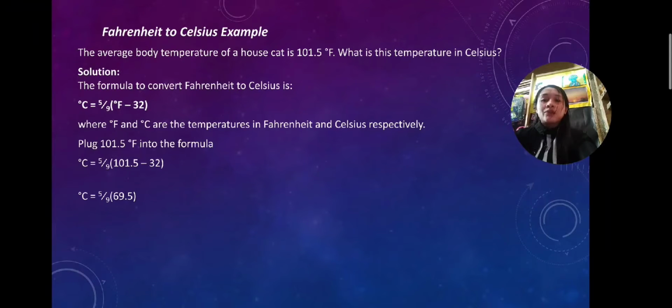We come up to degree Celsius equals 5/9 times 69.5. Once you multiply, 5 times 69.5, the result is 347.5. And then divide by 9, and the answer is degree Celsius equals 38.6 degrees Celsius.